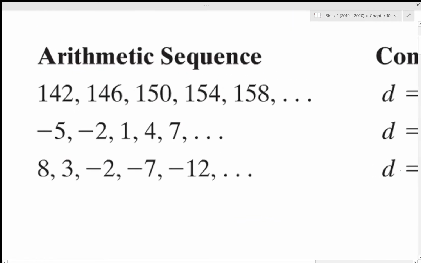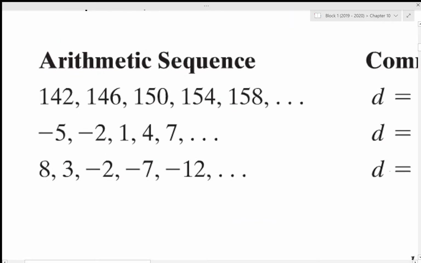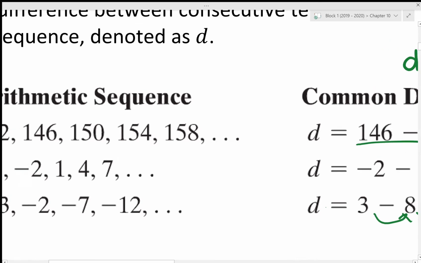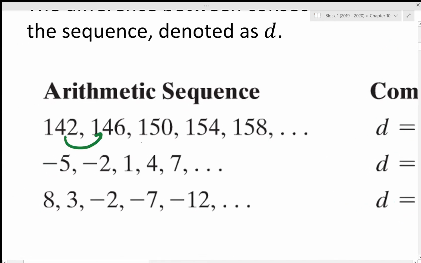The arithmetic sequence 142, 146, 150, 154, 158. We see that the common difference would have to be 4. That is the pattern. We keep adding 4, adding 4, adding 4, and so on. With the next one, it's -5, -2, 1, 4, 7. The pattern is to add 3.